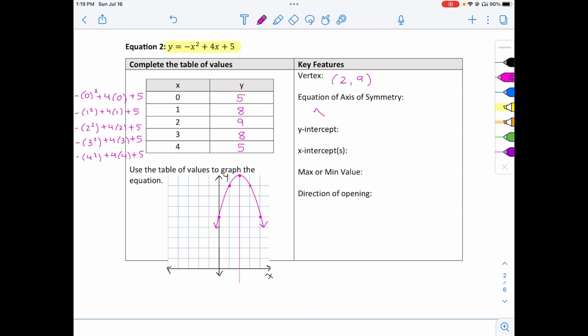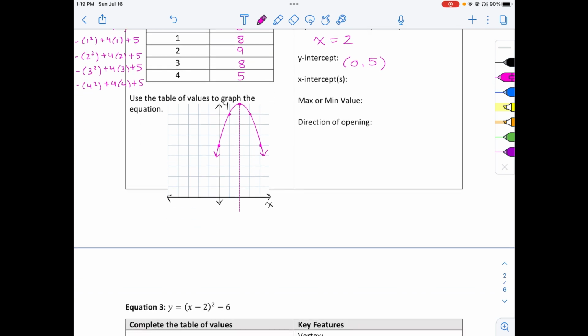Okay, and that would be at x equals 2. My y-intercept I can see over here is where it crosses the y-axis, which is at 0, 5.